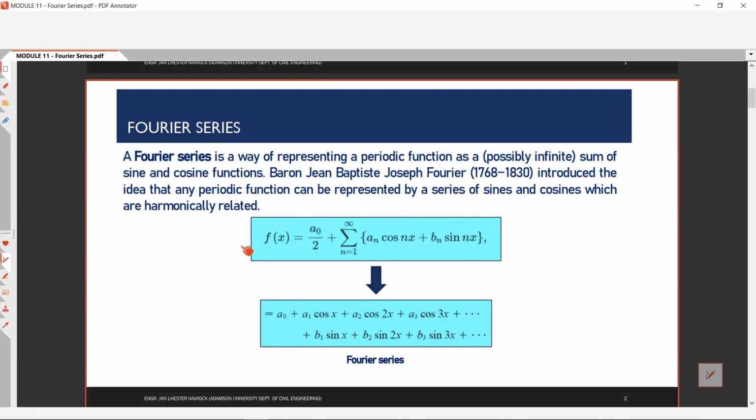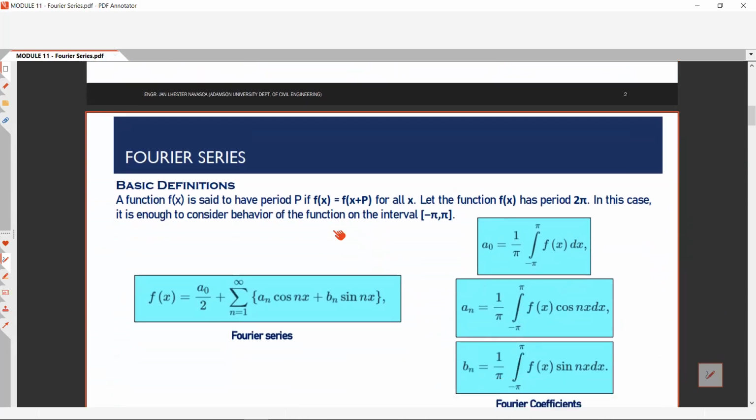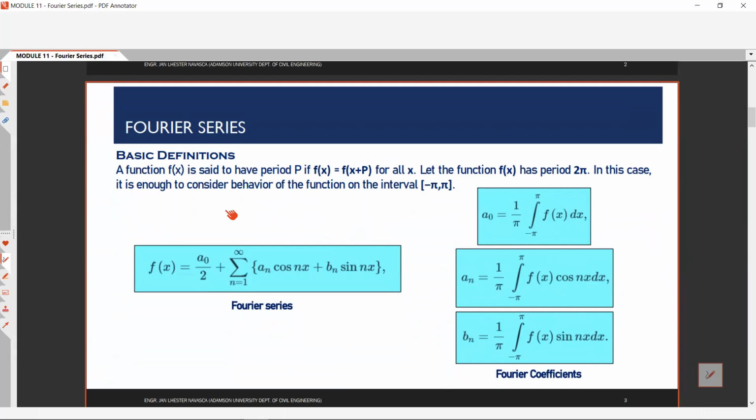Expanding this term, you have the Fourier series expansion. The basic definition: a function f of x is said to have a period p, so it is a periodic function, such that f of x equals f of x plus the period.